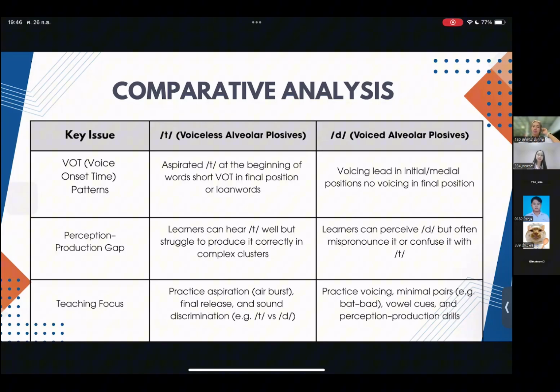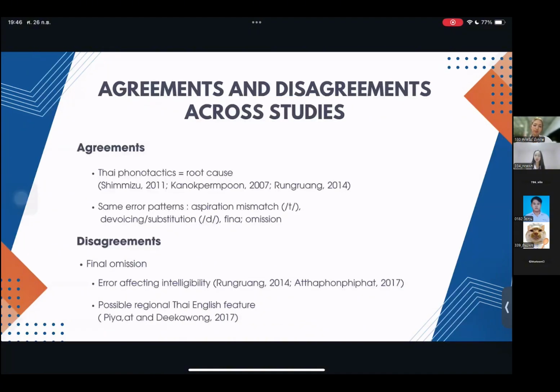Others argue that final consonant omission is not unique to Thai, but common across Southeast Asia, so maybe it should not always be treated as an error, since they think it's not an error pattern.